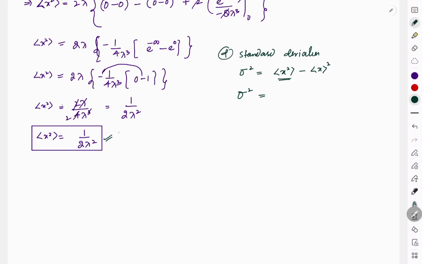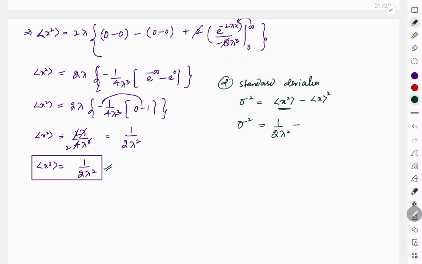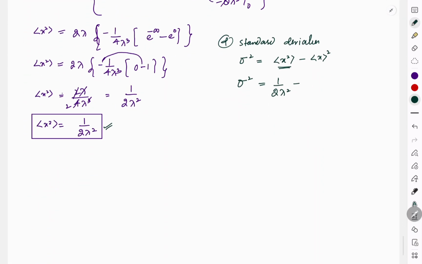Expectation value of x square is here, 1 divided by 2 lambda square, minus expectation value of x we already calculated, which is 0. So 0 square, equals 1 over 2 lambda square. So now we can write the standard deviation, which is sigma, which is 1 divided by root of 2 lambda square, which implies standard deviation is 1 divided by lambda root of 2.